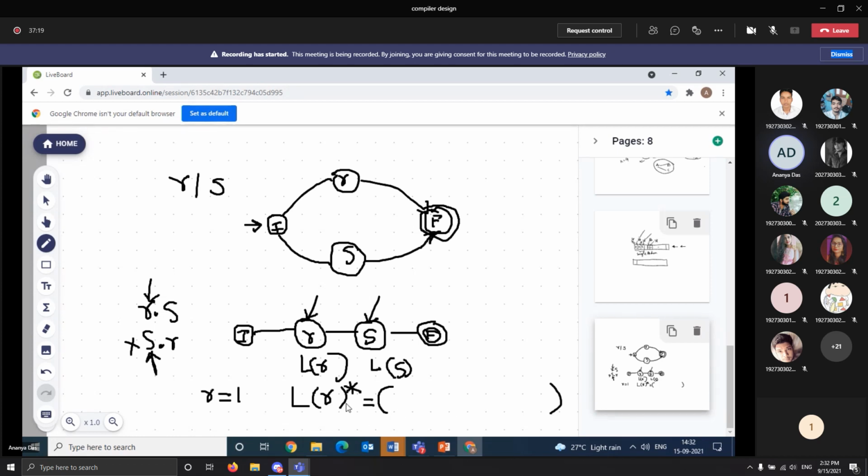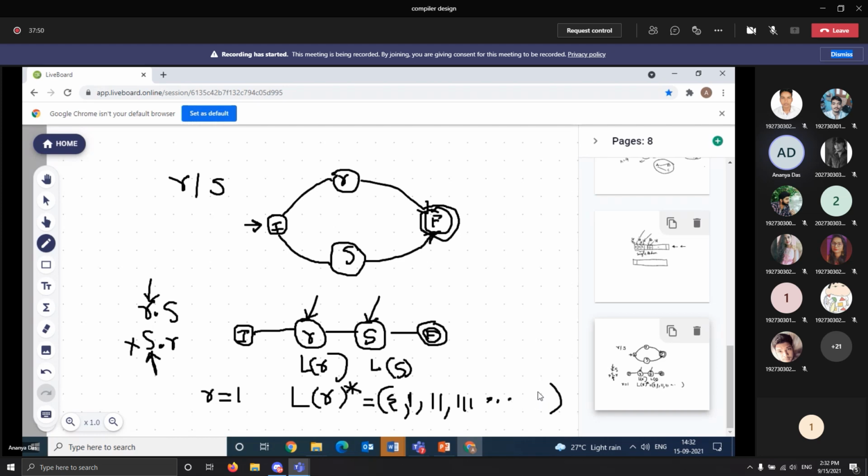If it is 0, that means there is no occurrence, so your epsilon will be the member, because inside the bracket there is no symbol of R. So 0 occurrence or null occurrence, followed by 1, because R value is 1. So single occurrence of 1, then double occurrence of 1, then triple occurrence of 1, dot dot dot, you have multiple occurrence.